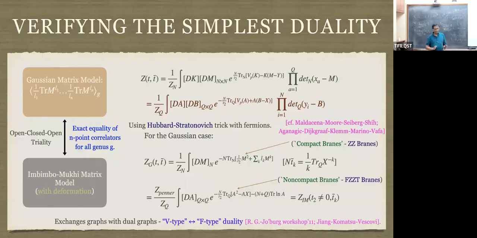It's basically Gaussian integrals, and there's one other very nice aspect to this, which is that it exchanges graphs with dual graphs when I go from this picture to the other. I introduce some fermions, some psi dagger, psi kind of fermions.